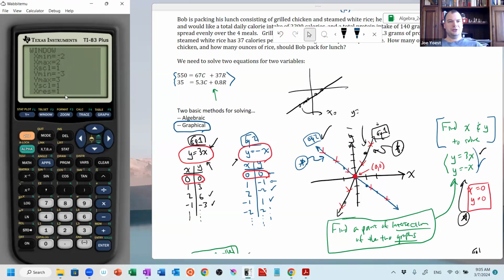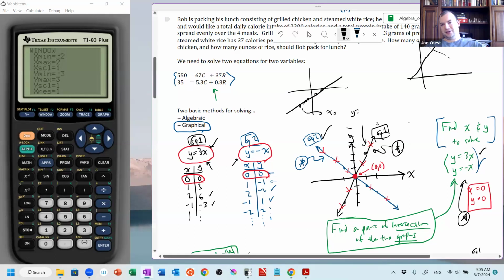And sometimes you choose a window and you say, oh, wait, the graph that I see looks like this, and I don't even see my other equation. Maybe I think my other equation is up here somewhere. So I might need to adjust my window a little bit, right? So I might have a window like this that didn't quite work. So I say, okay, I think I need to go higher on the y-axis and maybe further to the right on the x-axis, and then I see my intersection.